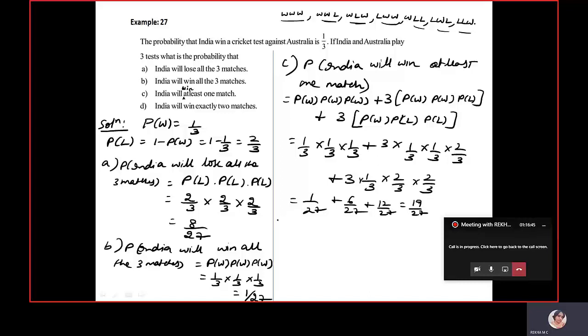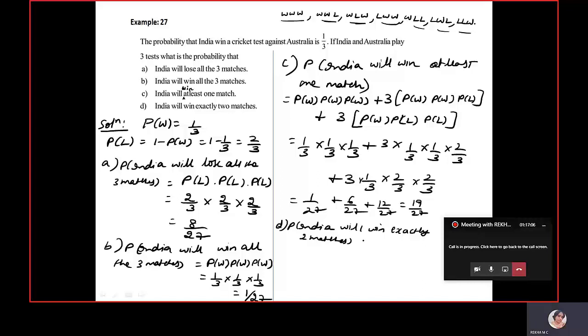Same way D, probability of India will win exactly 2 matches. Exactly 2 matches.